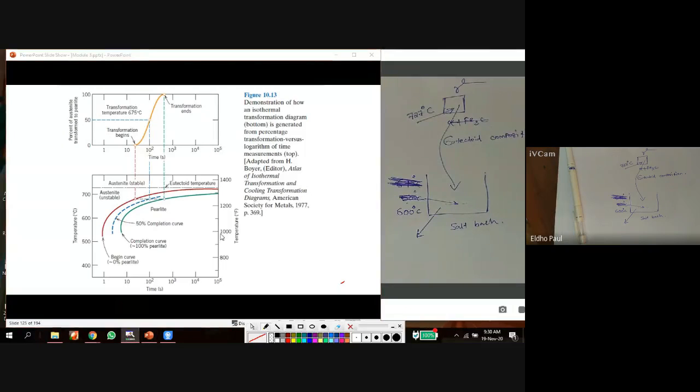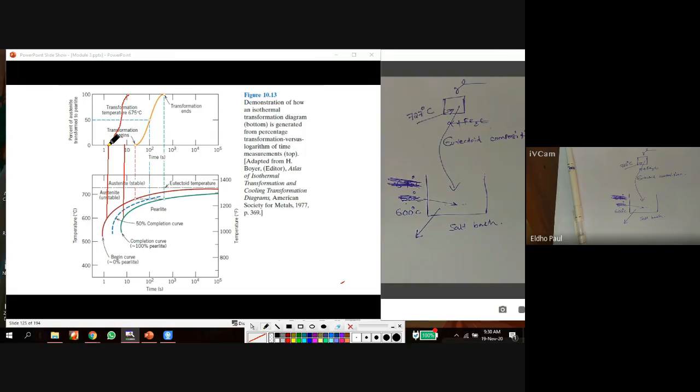So what is the corresponding curve at 600 degrees Celsius? Okay, so for example, this is 600. So the transformation starts here. Okay, this will be the transformation diagram at 600 degrees Celsius.